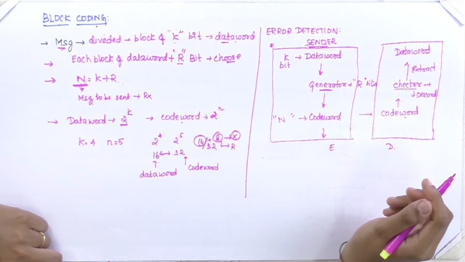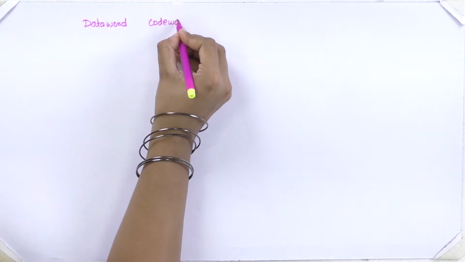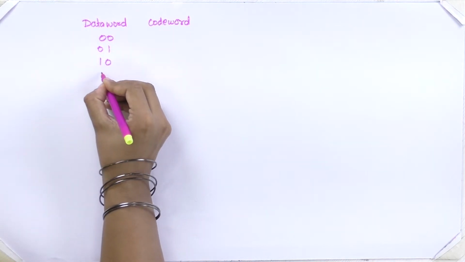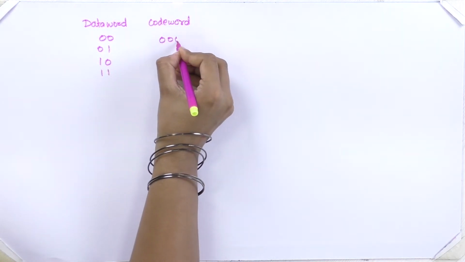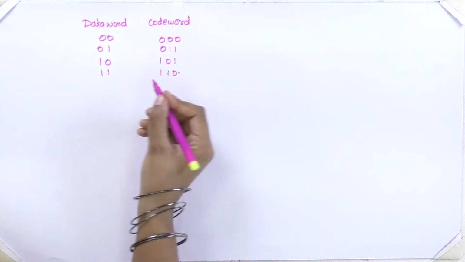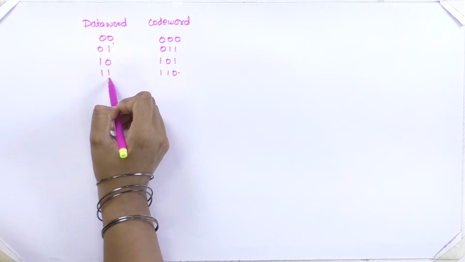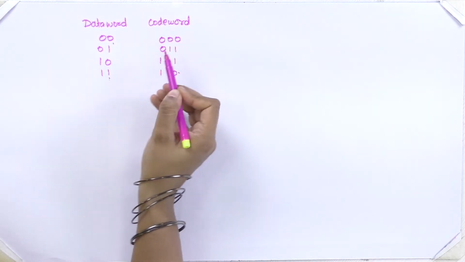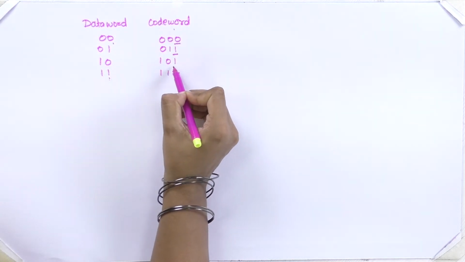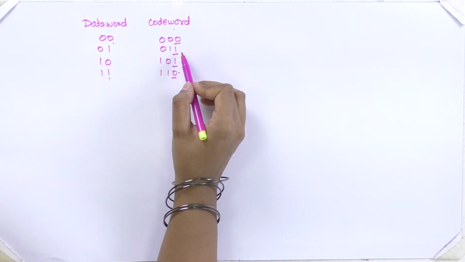So let us look into an example. I will have some data words and code words. So these are all the code words. On generating the redundant bits, the data word will be converted into the code word. You can see that these are all the redundant bits that are added on your sender side.